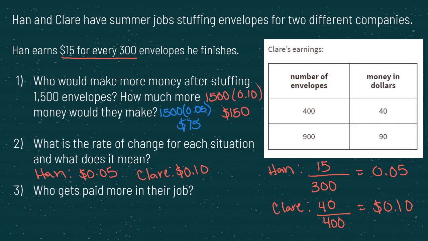So if Han makes 75 and Claire makes 150, Claire is going to make more money, but how much more? So if you do 150 minus 75, what do you get? What's the difference there? You would get $75. So Claire makes $75 more.